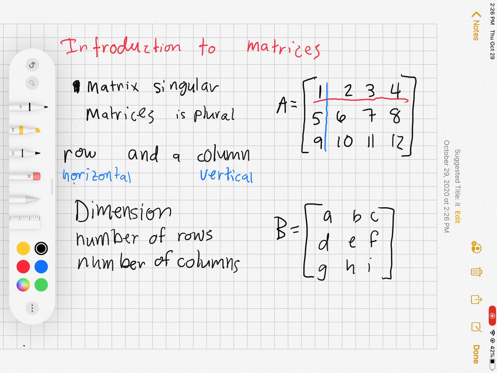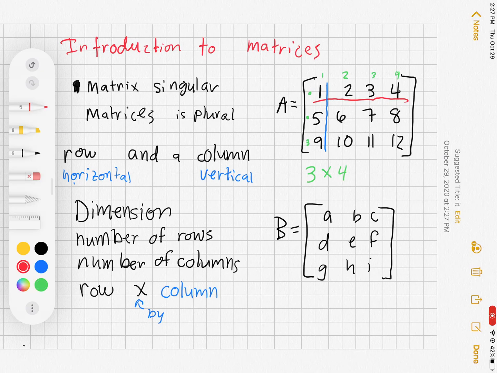You write it in such a way so that it's going to be row, you put an X in the middle, which means by, and then column. So for example, matrix A has 1 row, 2 rows, 3 rows, and it has 1 column, 2 columns, 3 columns, 4 columns. So it's a 3 by 4 matrix.